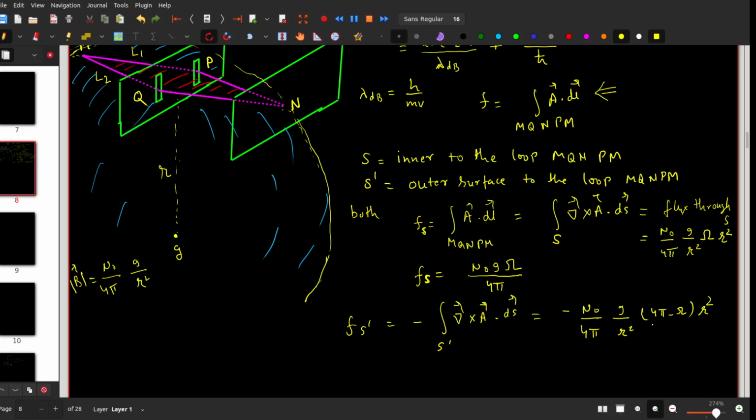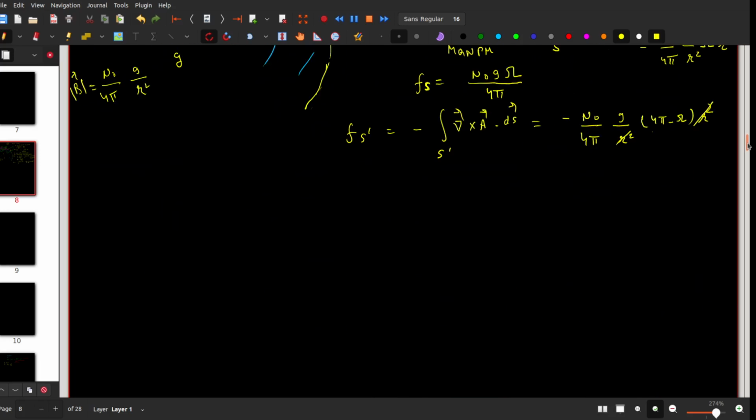This is the area of the surface S prime. R square will cancel R square. So now we have F S prime equal to minus mu naught g times 4 pi minus omega divided by 4 pi.